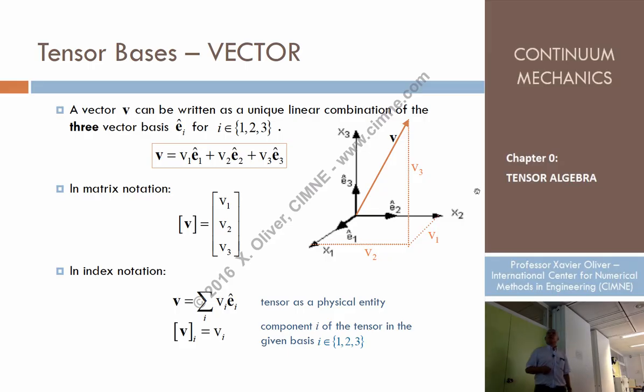So, let's talk about vectors, the system of coordinates that we have used, and a certain vector v. Once we have the vector and the system of coordinates, we can talk about the components. What are the components?